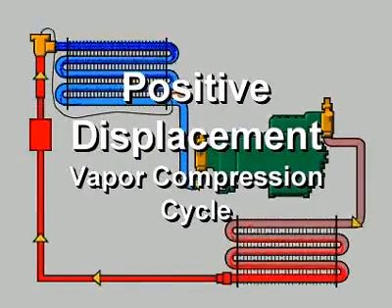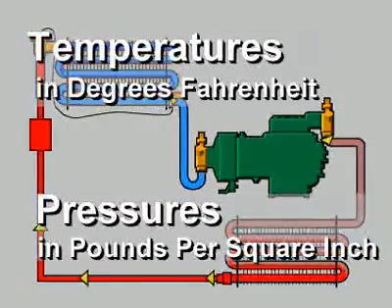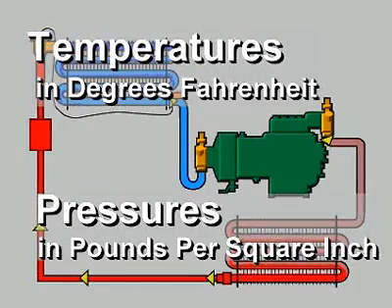Let's look at a specific cooling example with typical temperatures, pressures, and system components of a positive displacement vapor compression cycle. In this and the other examples in this program, temperatures are in degrees Fahrenheit, while pressures are in pounds per square inch, unless otherwise noted.